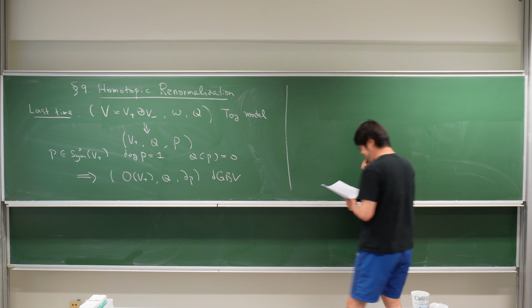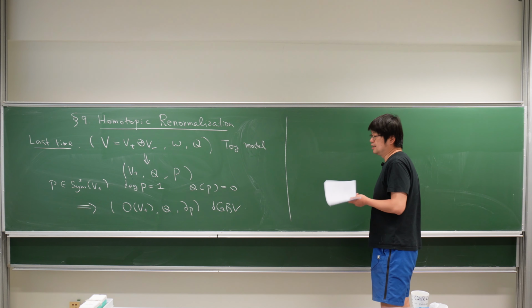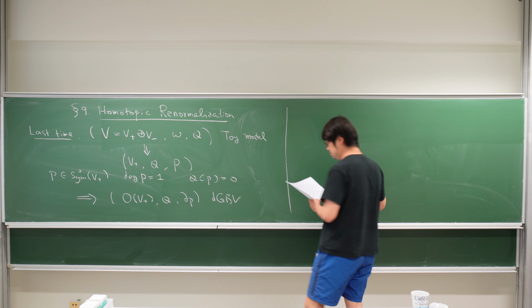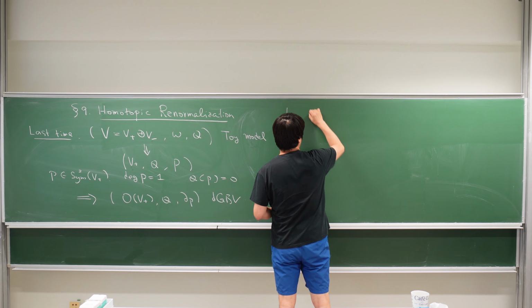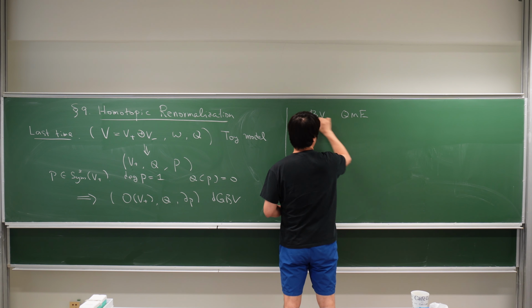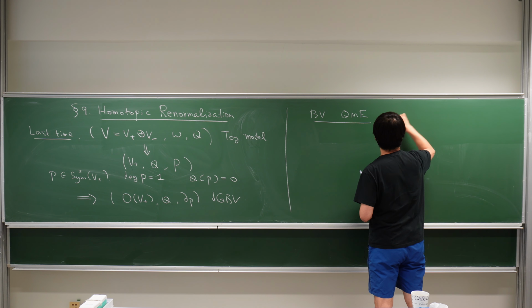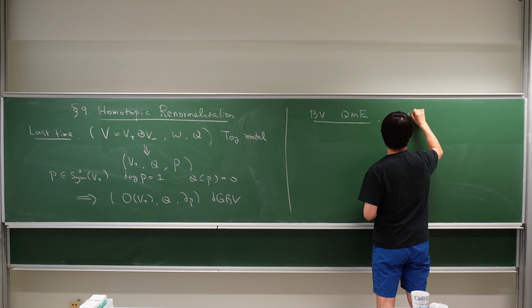But from this data, I discussed some classical geometry and quantum geometry in terms of the so-called BV master equation. For example, we discussed what we mean by the BV quantum master equation. It's a solution of the following equation.